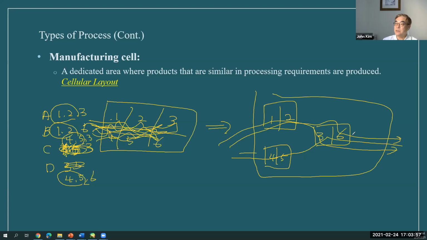Another goes 4, 5, 6 and out like this. So the path is simple, and the moving distance is shorter. So if we can change a workstation type process to a cellular layout type, it will be better.